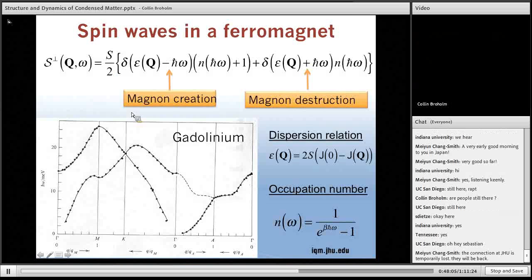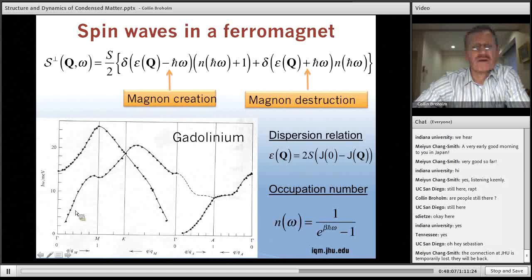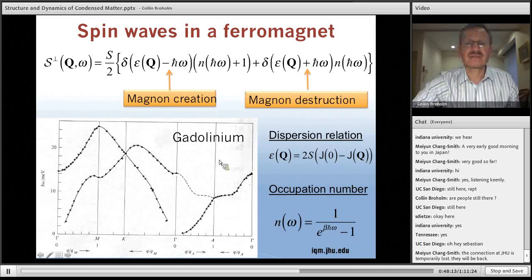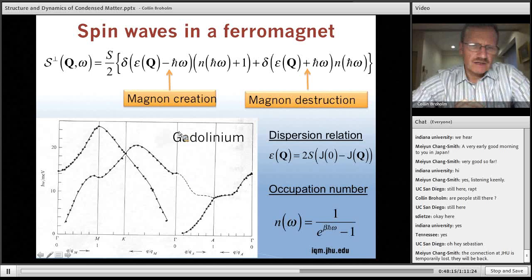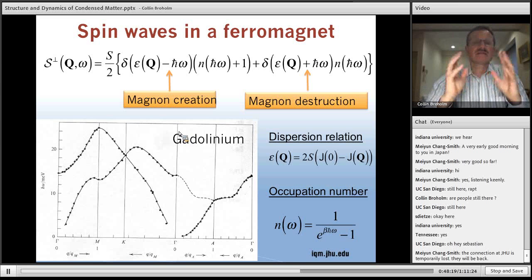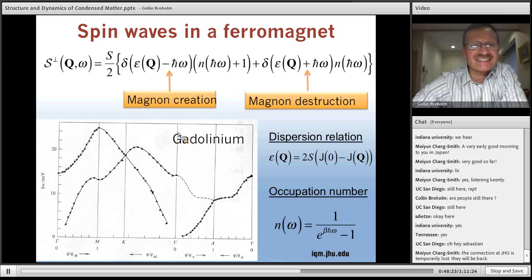And so in that case, we really have these sharp modes of excitation passing through momentum and energy space. And in the case of gadolinium, it's a system which has a basis. So I don't think it's just a simple Bravais lattice.